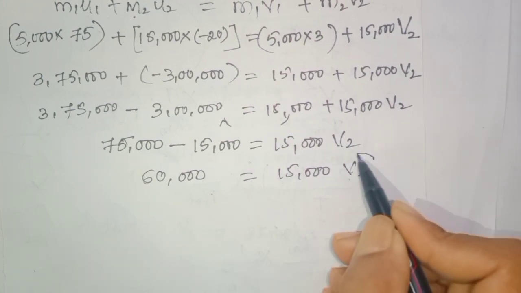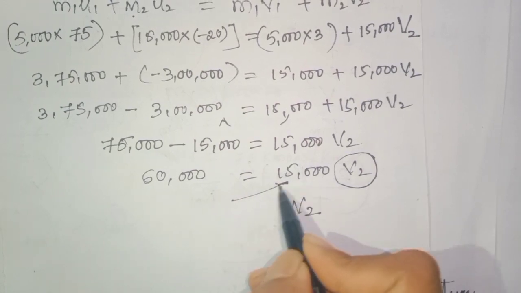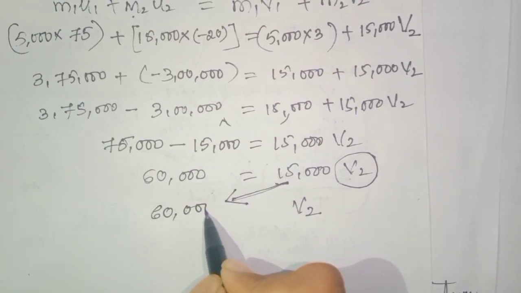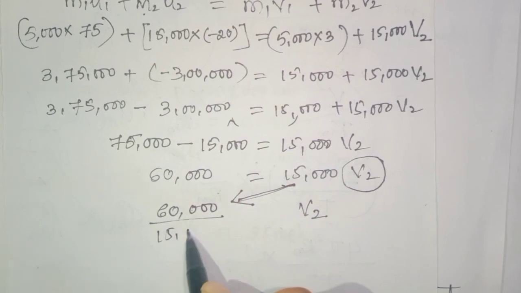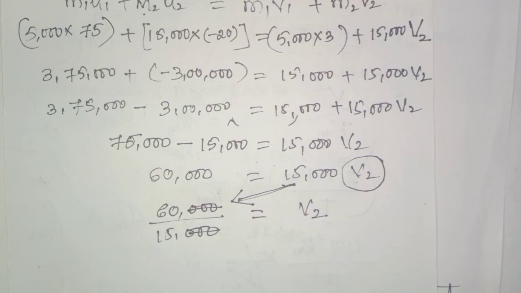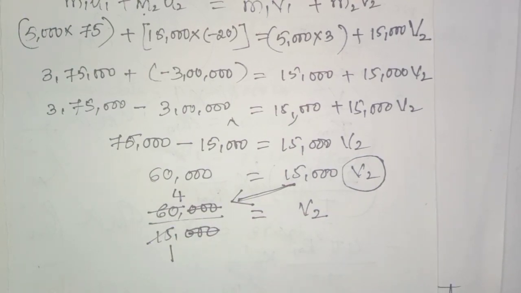Now what I want to calculate is this V2, right? So what I will do, I'll keep the V2 here itself and send this 15,000 to the denominator of 60,000. Then what do we get? 60,000 divided by 15,000 is equal to V2. These three zeros cancel. 15 ones are 15, 15 fours are 60. Okay, therefore 4 is equal to V2.